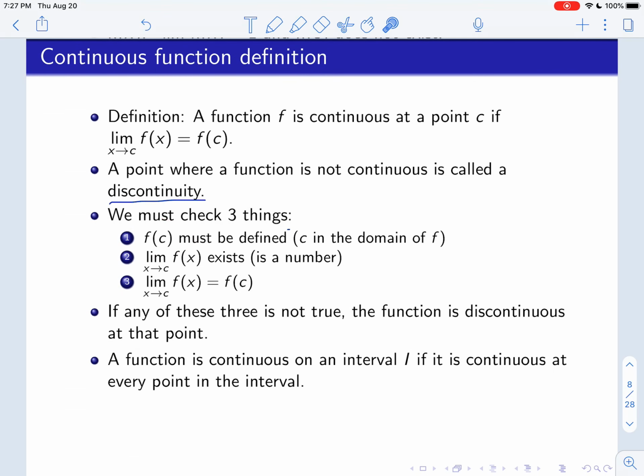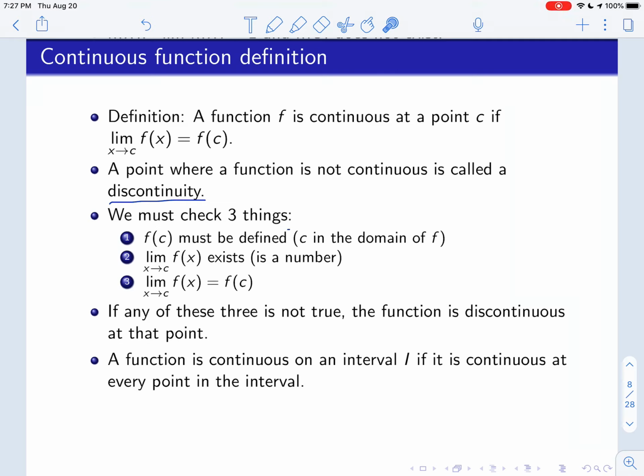So the function value has to be defined. The limit has to exist. And one way to think about that is it's a single number. And finally, if both of those things work, f of c is defined and the limit exists, then we check, are they equal? Because if one's existing and one's not, then they're not equal. But we want to be sure we don't lose track of that.